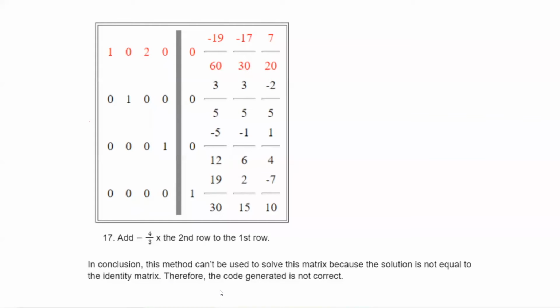In conclusion, we can say that this method can't be used to solve this matrix because the solution is not equal to the identity matrix in the first step. Therefore, the code generated is not correct.